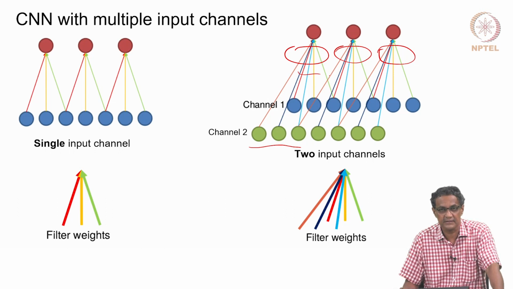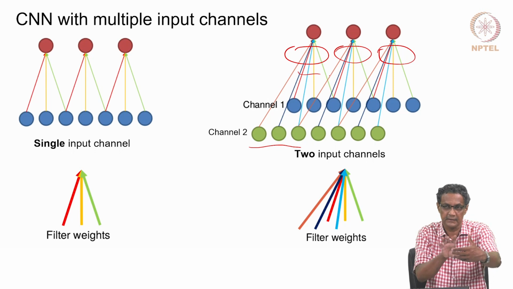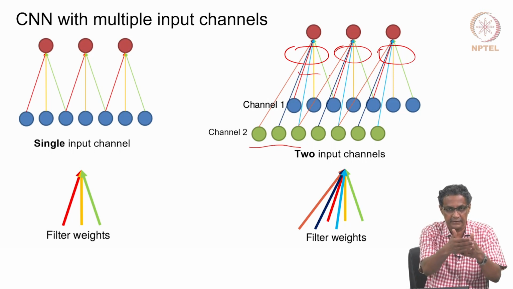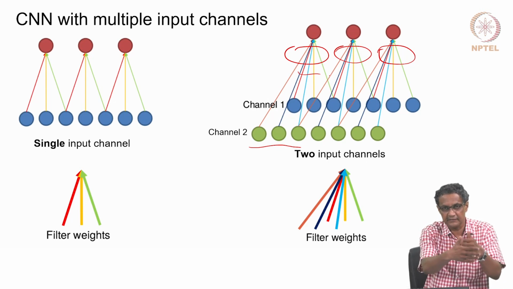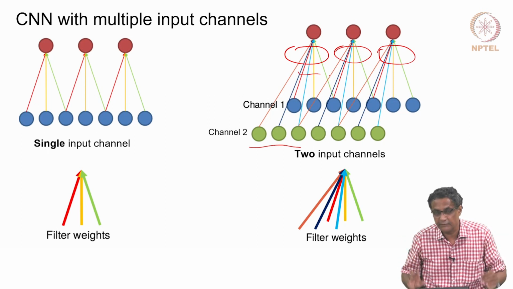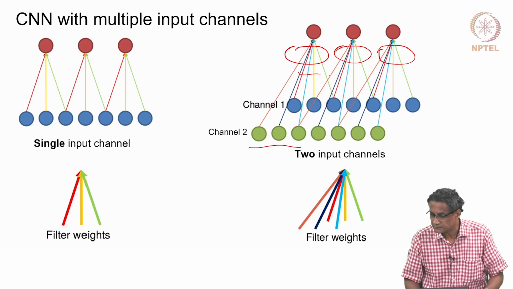This is exactly what I said yesterday. If you have multiple channels and a box filter, then the filter that acts on the first channel can be different from what is acting on the second channel. Finally a network might figure out that the same set of weights will work, but we don't force it.